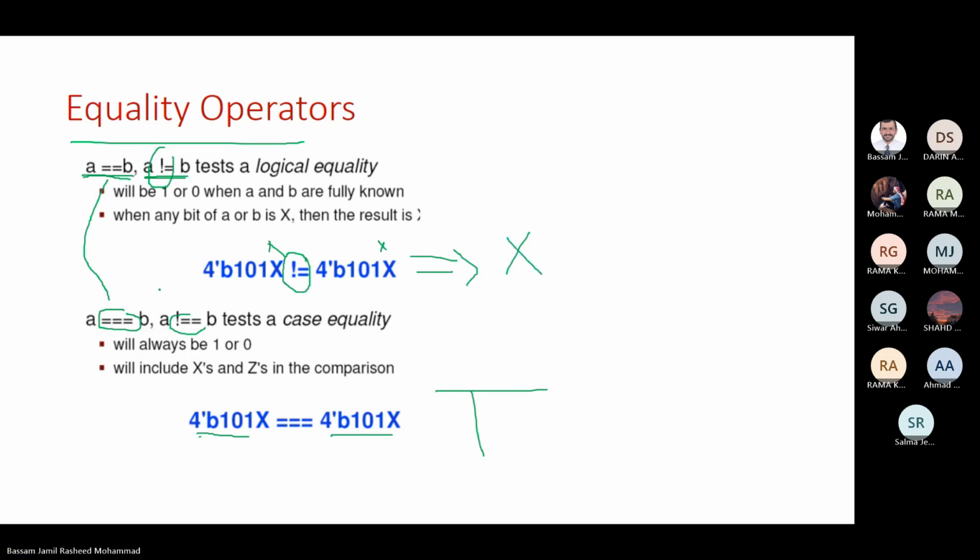These notations will consider comparing x to x, but the one on the top here will not consider x's in the relation and will result in an x in the relation checking. So these will consider comparing x's and z's.